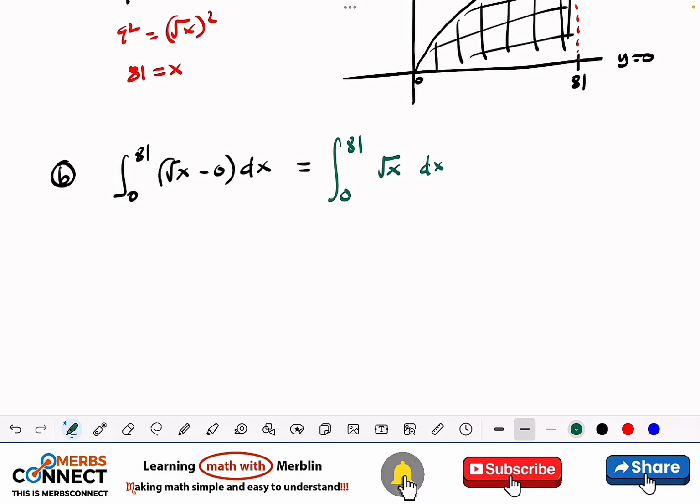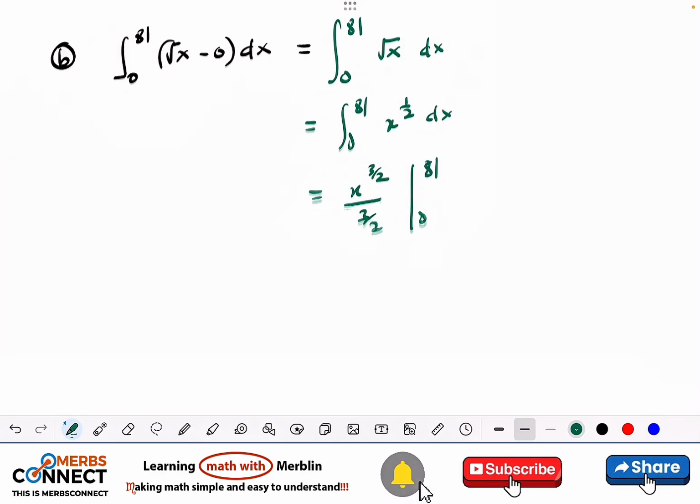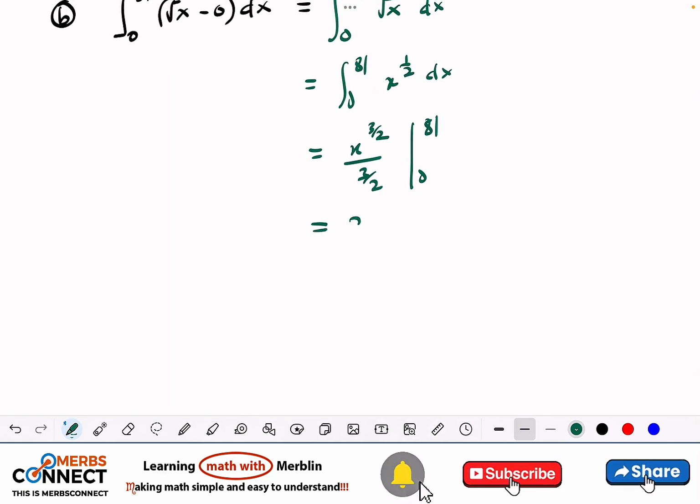So let's go through the process. This is the same as the integral from 0 to 81 of x to the power half dx. This is x to the power 3 on 2 divided by 3 on 2, from 0 to 81. This is the same as 2 on 3, x to the power 3 on 2, from 0 to 81.